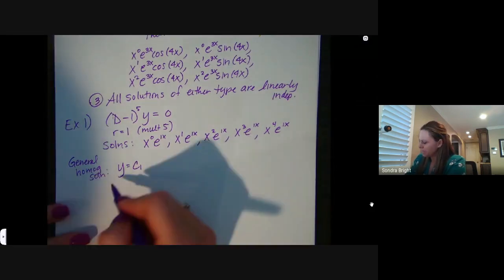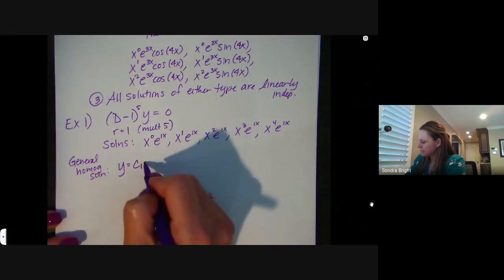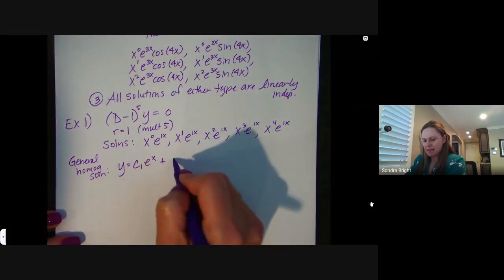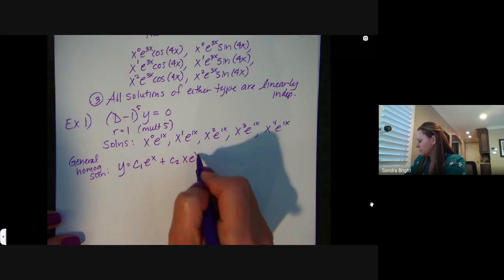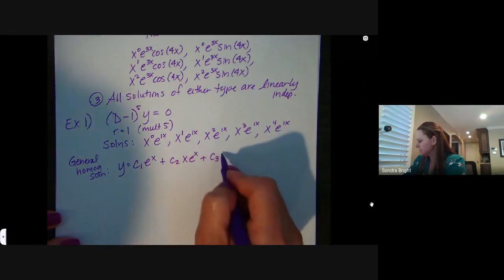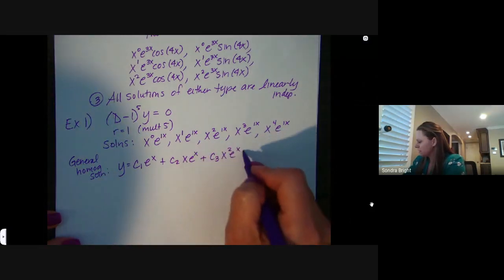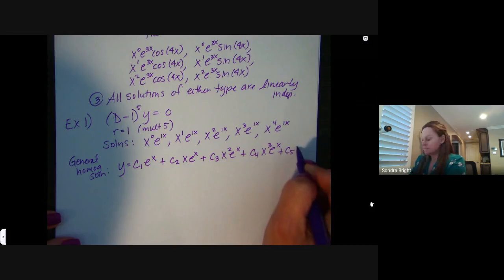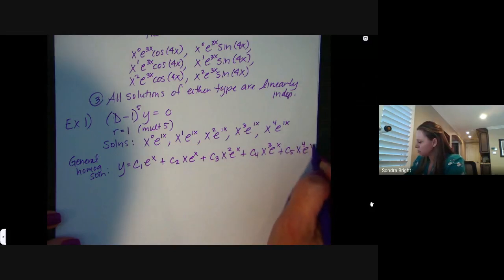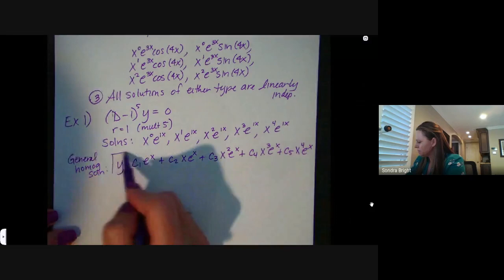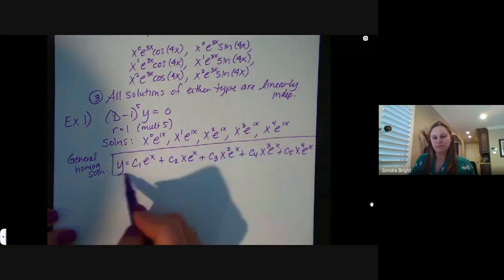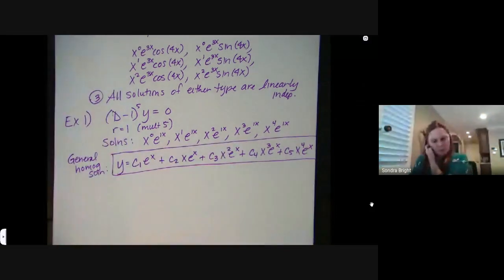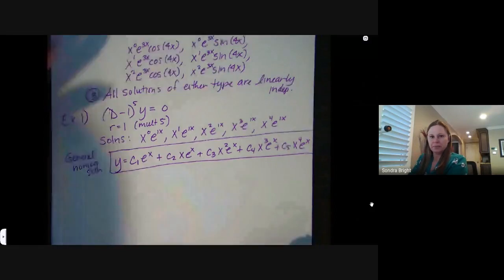So this is C1 e to the x, plus C2 x e to the x, plus C3 x squared e to the x, plus C4 x cubed e to the x, plus C5 x to the 4th e to the x. That is our general homogeneous solution to that differential equation. All right, let's do another example.